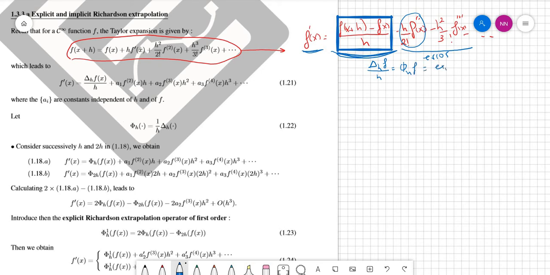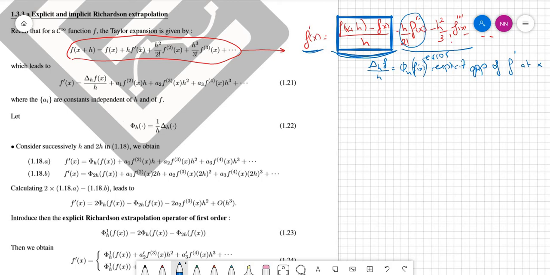It's the explicit approximation of f prime at a point x, phi h of f of x. Okay, so it's the explicit approximation of f prime at x.